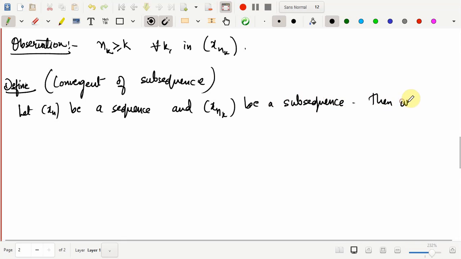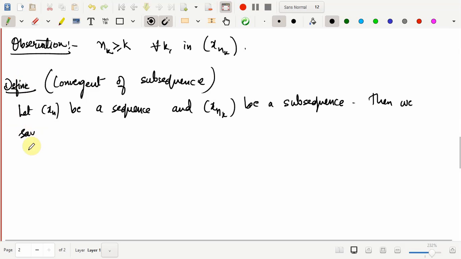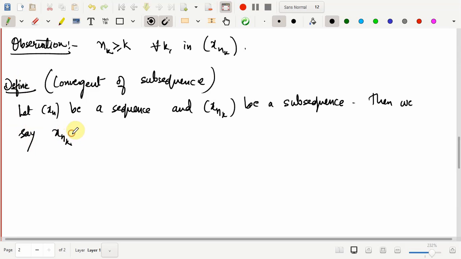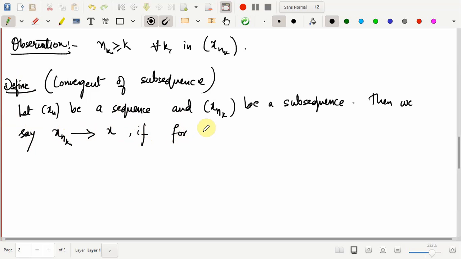Then we say, now you can see that the ni's are varying. So instead of varying each of n1, n2, nk, you just vary this k, and once you vary k, everything gets varied very easily. Then we say that x_{n_k} converges to some point x in R if, for a given epsilon positive, again the same definition, but you need to know what is varying.